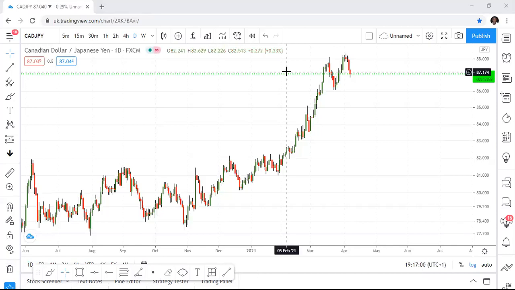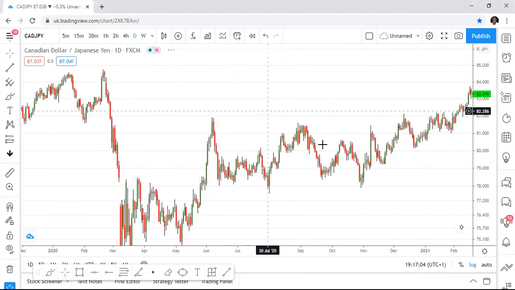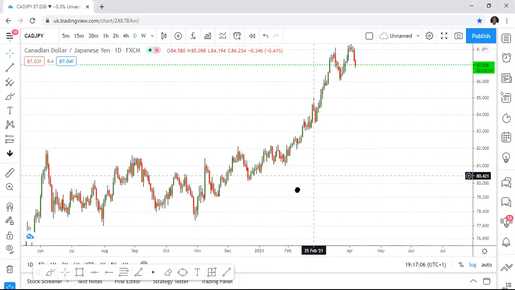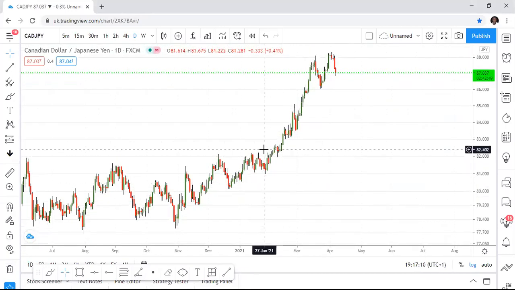Okay, good. Now, this is CAD JPY, Canadian dollar versus Japanese yen.